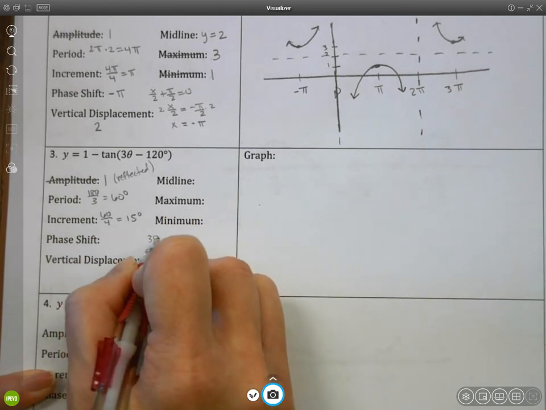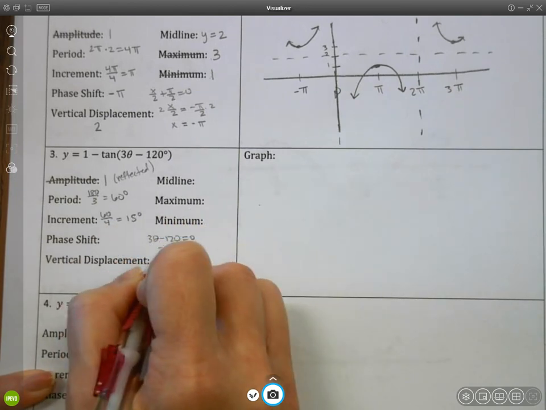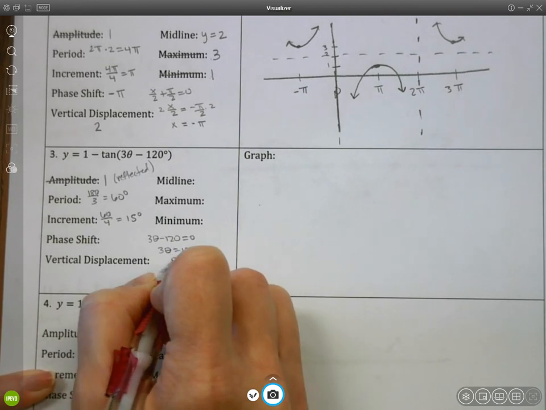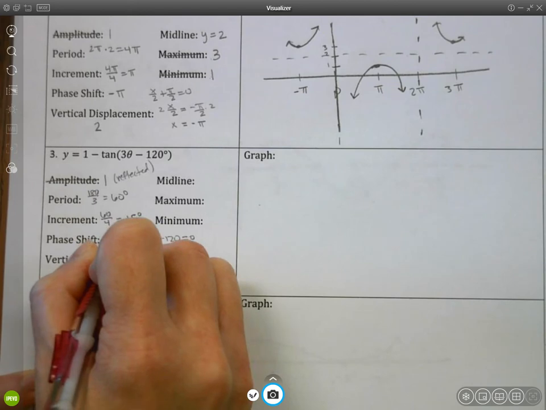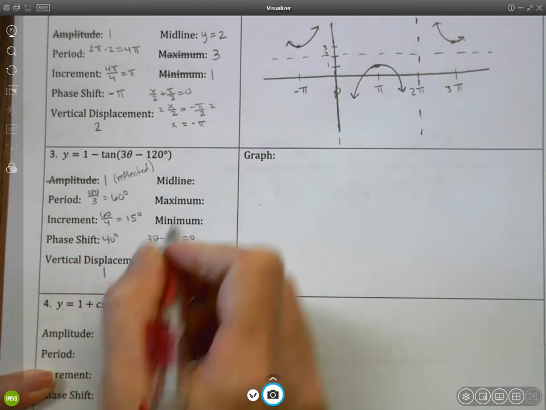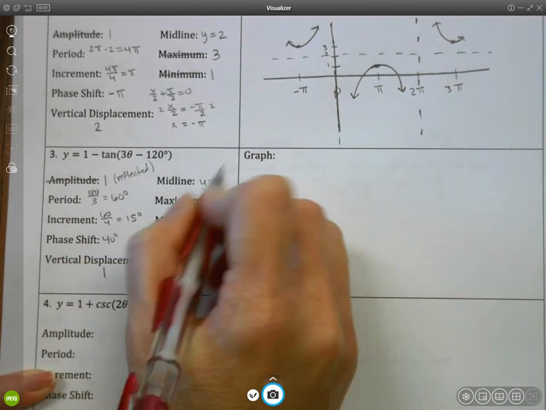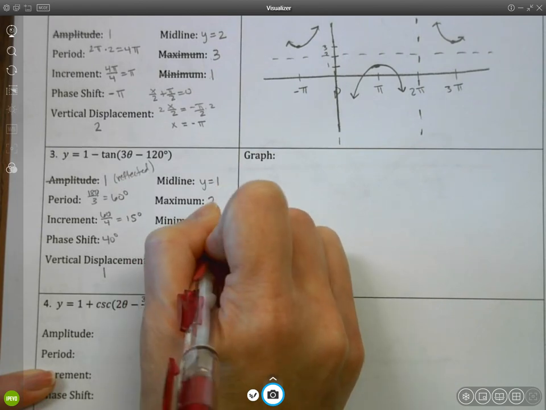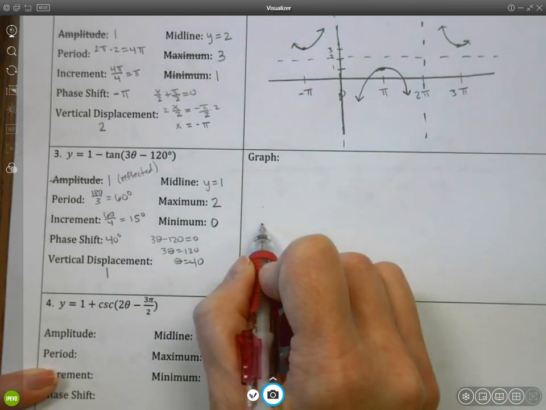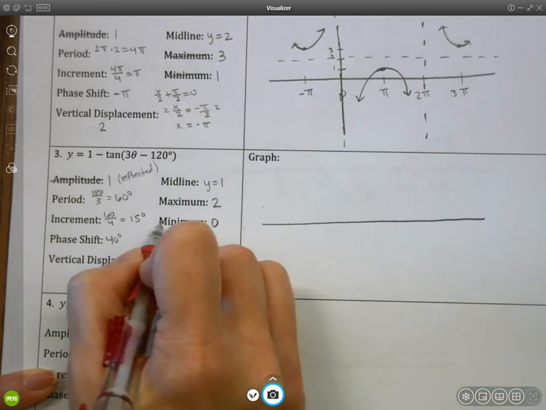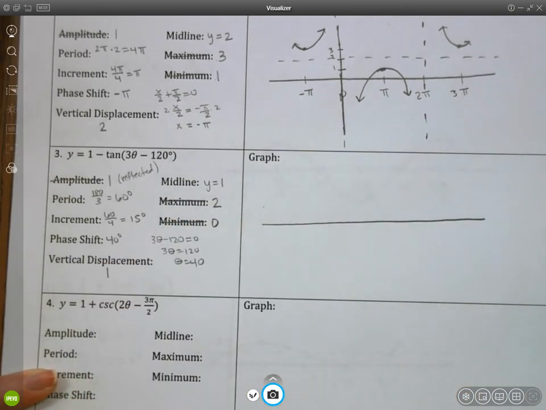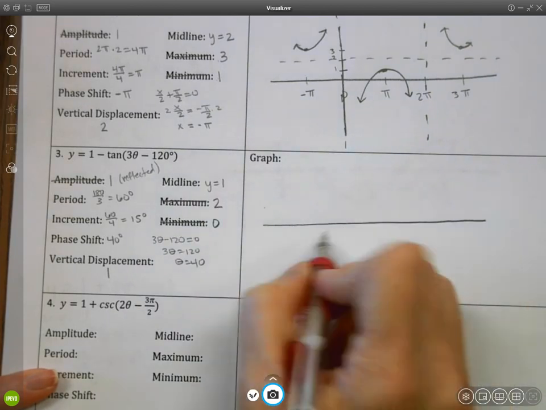Phase shift, set what's in parentheses equal to 0, and you get 40. Vertical displacement is 1, so the midline is 1, the max is 2, and the min is 0. Remember, max and min are not really a max and a min, and to get them you do vertical displacement plus your amplitude.